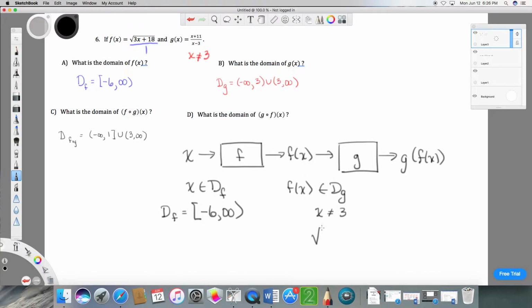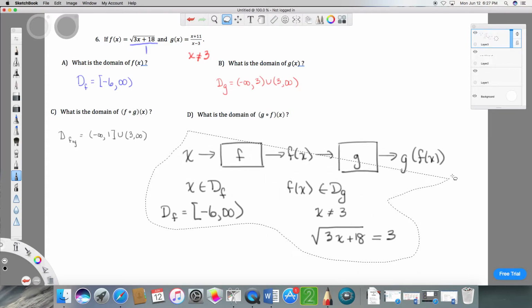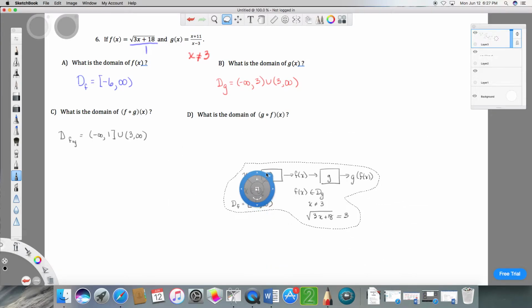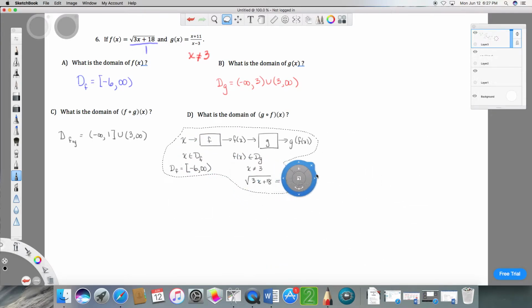So what is the expression for f? The expression is the square root of 3x plus 18. We need to find the value of x that would cause an output of positive 3 and not let that happen. To solve this equation, much easier than solving the inequality in part C, we're going to square each side.